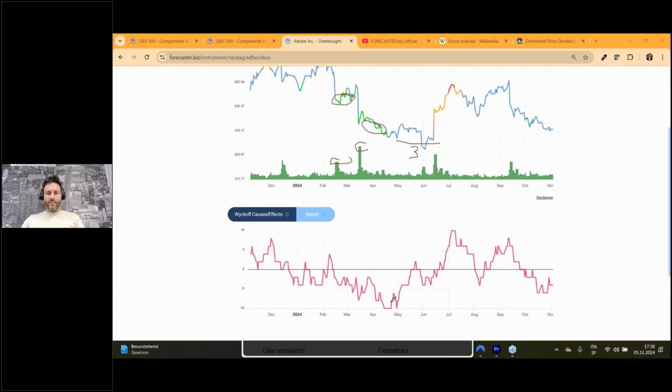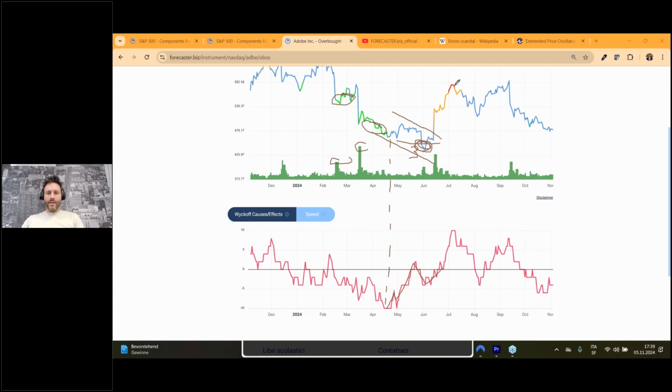And look what happened here. Starting from this low, our indicator started to rise, but in the same period, prices went down and made a lower low. Okay, this was a major buy point.